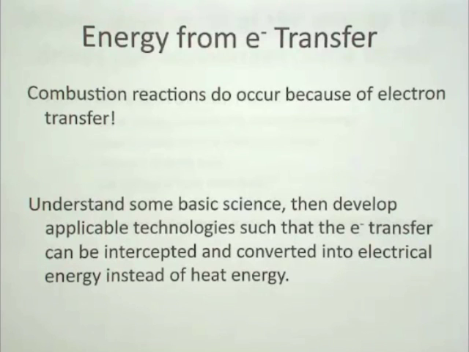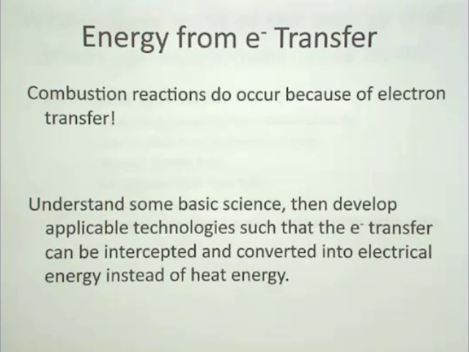So we need to understand some basic science, and then we can see how these applicable technologies have been developed such that the electron transfer can be intercepted and converted directly into electrical energy instead of heat energy. Because as you know, every time you convert from one type of energy to another, some of that energy is not lost, but it's transferred into energy that's not useful, just heat, and it's wasted energy every time.